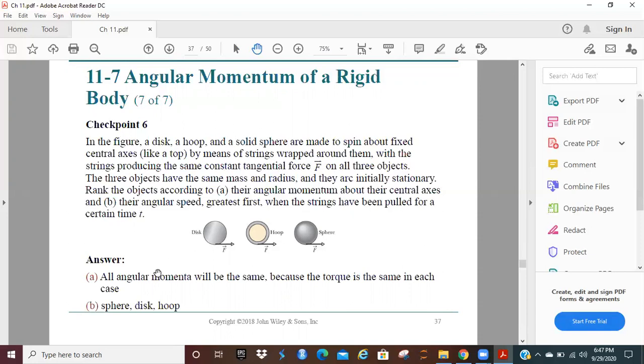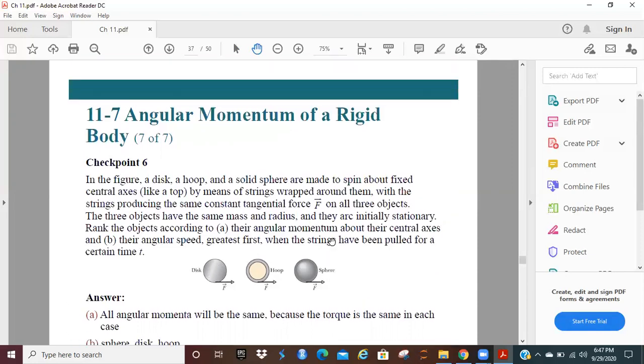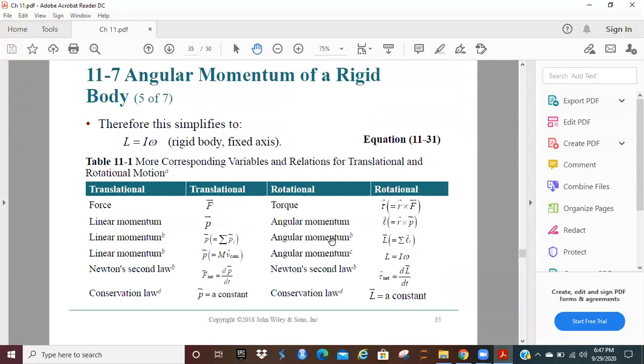So the answer to part A, ranking their angular momentum around the central axis: all the angular momentum is going to be the same because the torque is the same in each case. In other words, the strings produce the same constant tangential force, or the torque. That's going to be the same for all three of the objects, since we are looking at torque being the change in the angular momentum.